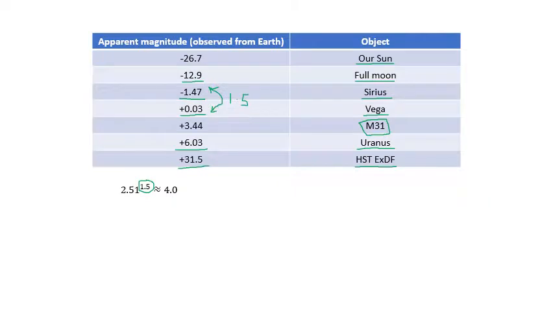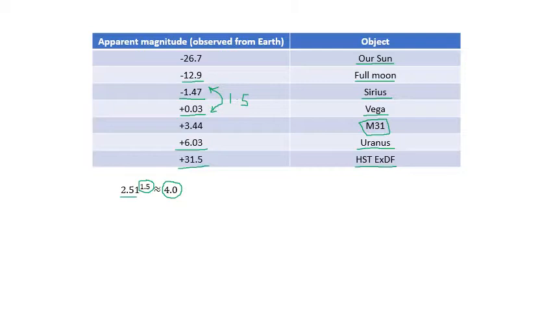So the difference of 1.5 is actually an intensity ratio of 4. That is to say that Sirius is 4 times more intense, brighter than Vega. To get this figure, we simply take 2.51 and raise it to the power of the difference between the magnitudes. And then that gives us how much brighter one object is than the other.